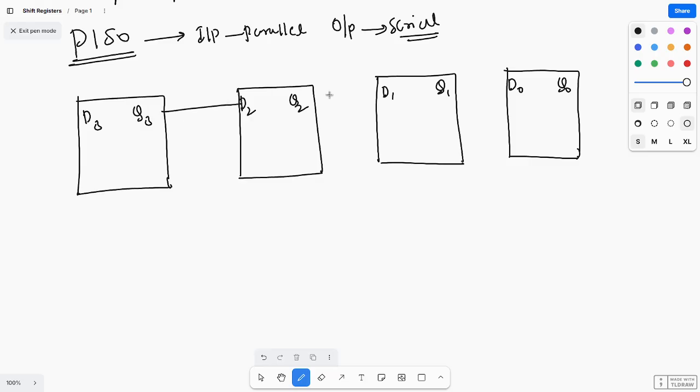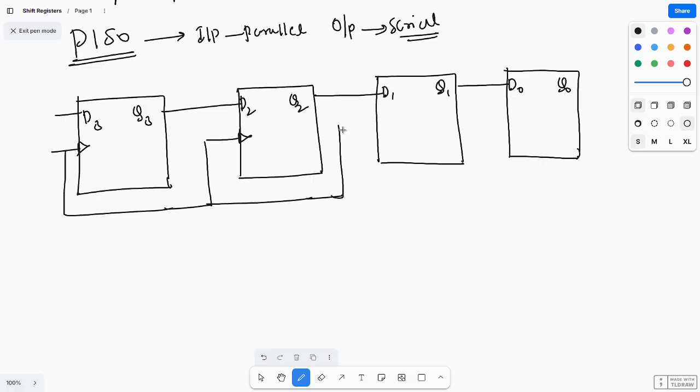This is connected like this. Here at D3, there is a line. A common clock is given, as this is a synchronous sequential circuit. Anyway, there is also a reset. An asynchronous active low reset is also there.